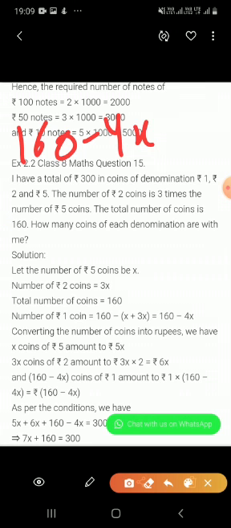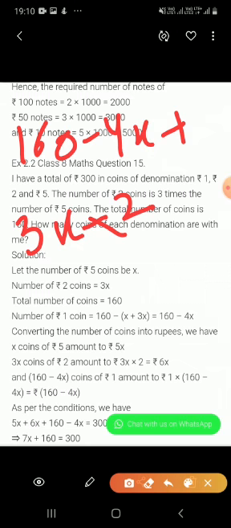Total number of coins of 2 rupees is 3x. So if we have 1 coin of rupees 2, we have 2 rupees. If we have 2 coins of 2 rupees, we are having 4 rupees. So here, 3x into 2. If 3x coins are there, the total amount we are having is 3x into 2, as we have done in the previous question.